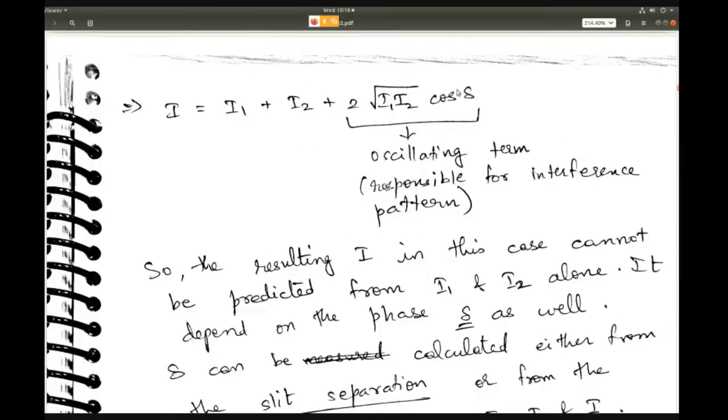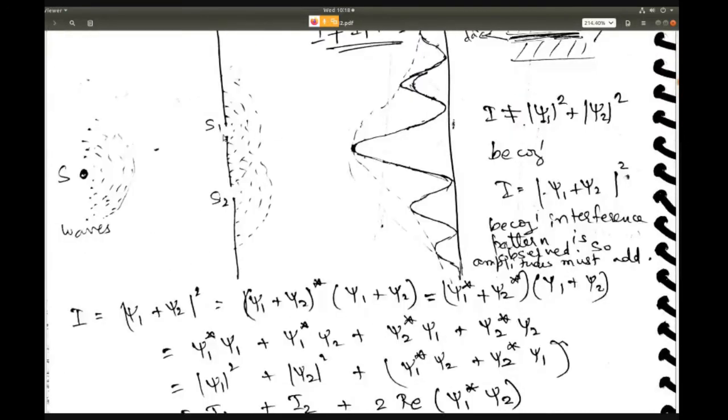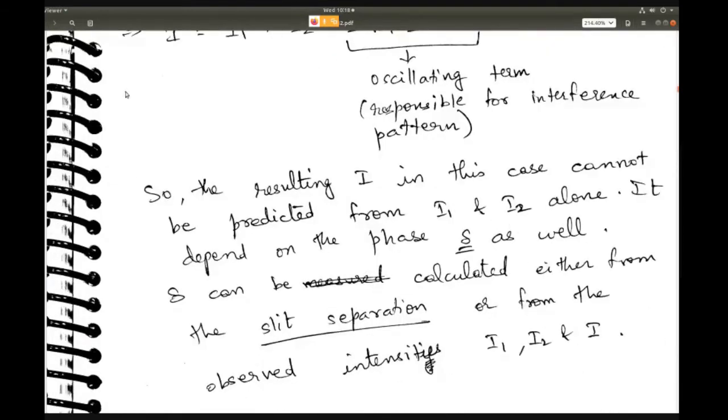This delta is the phase difference. It comes from calculating the distance between the two slits and at what angle the maxima is obtained. I'm not really going to go into the formula to calculate delta, but there is a specific formula, and if you're interested, you can look at it in various books.